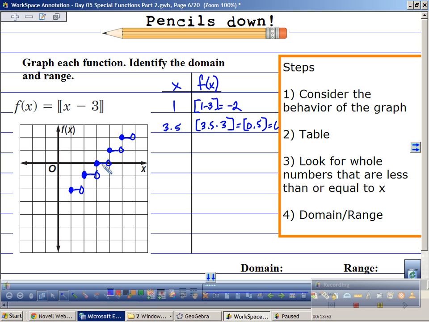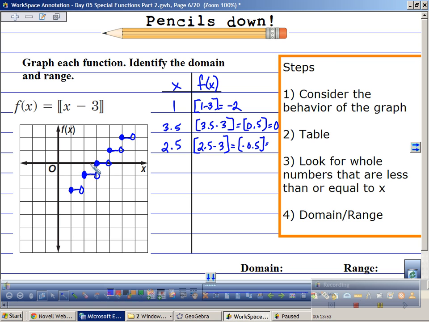Did that work? Okay, now you want to try something like 2.5 and see what happens? Okay, if I put in 2.5 and I subtract 3, what do I get? Negative 0.5. Okay, let's look at our step function.